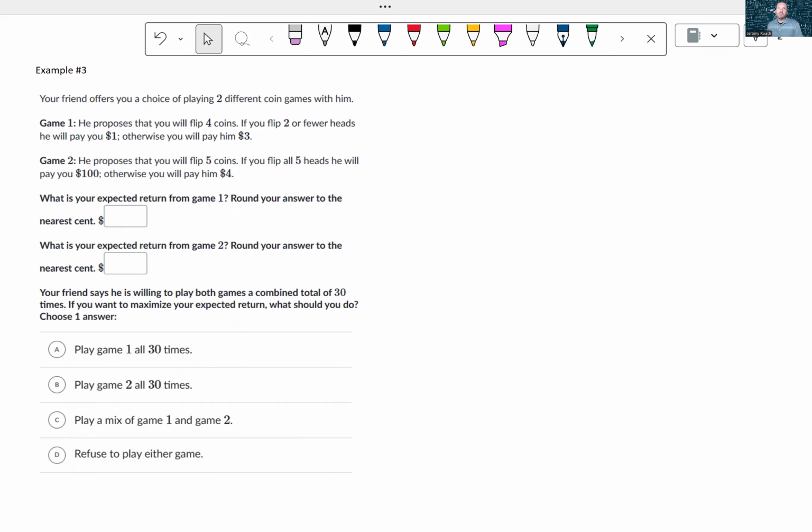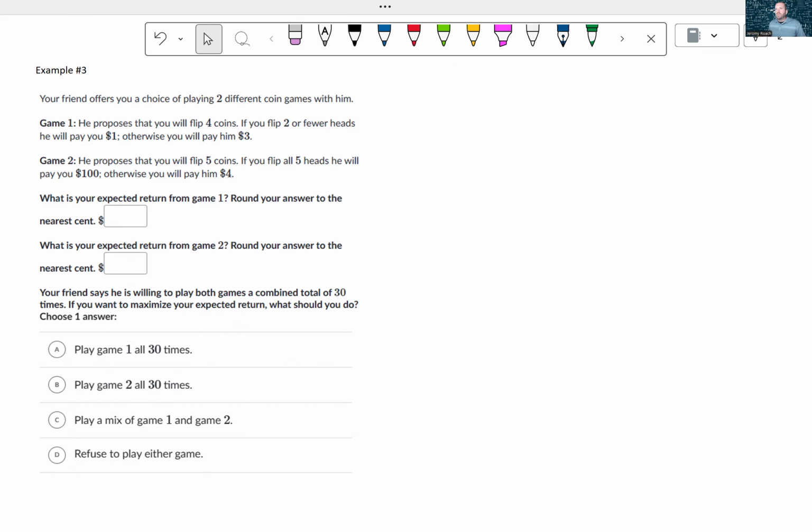If all five of them are heads, he'll give you $100. Otherwise, if they're not, you pay him $4. And we just want to figure out what the expected value is from the first game, what the expected value is from the second game, and then figure out which of these games should we play to maximize our profit.